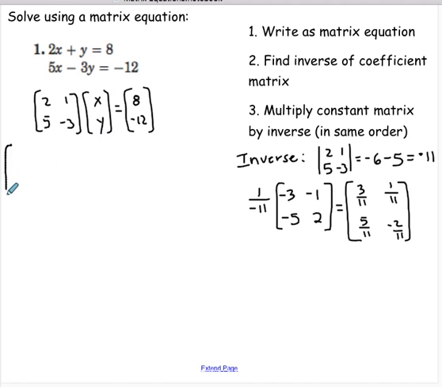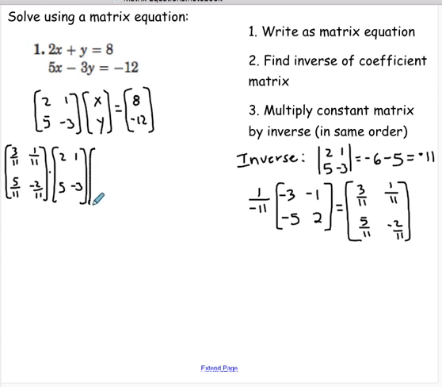So 3/11, 5/11, 1/11, and negative 2/11. That's my inverse matrix, and I'm going to multiply that by 2, 1, 5, negative 3.